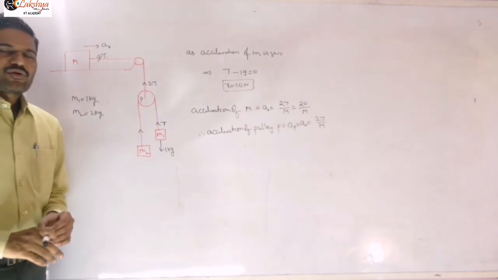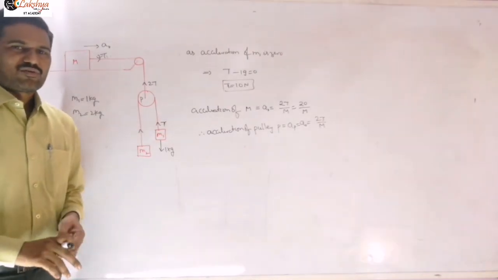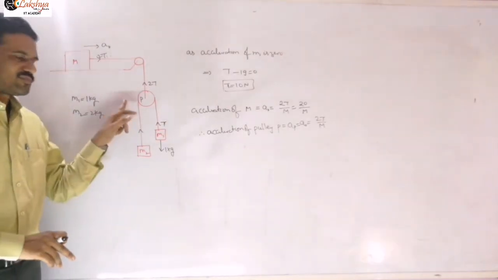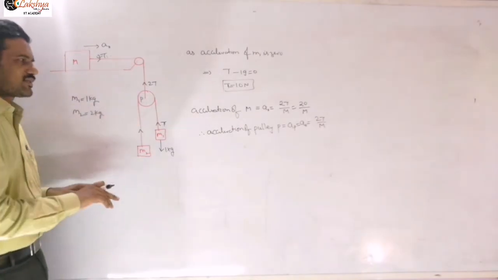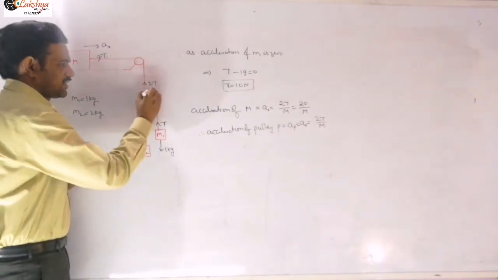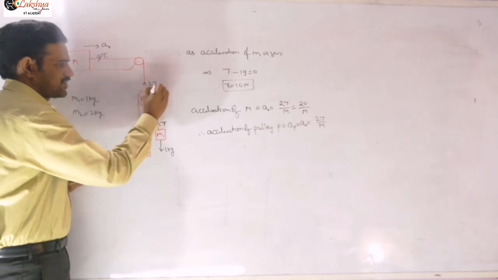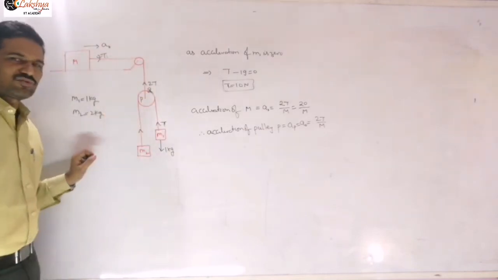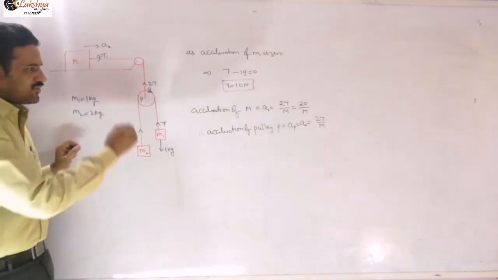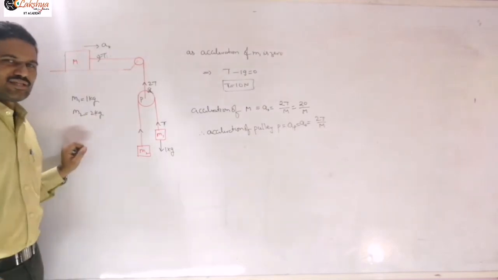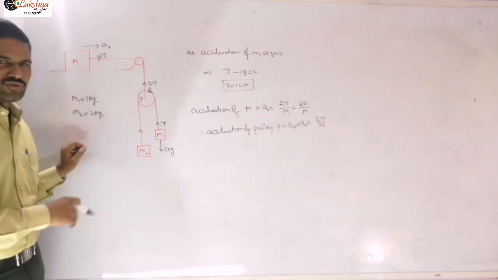Now we consider the problem with respect to this pulley. Let us consider an observer sitting on this pulley, observing the motion of the blocks. Now that pulley is moving down with an acceleration a naught, right?